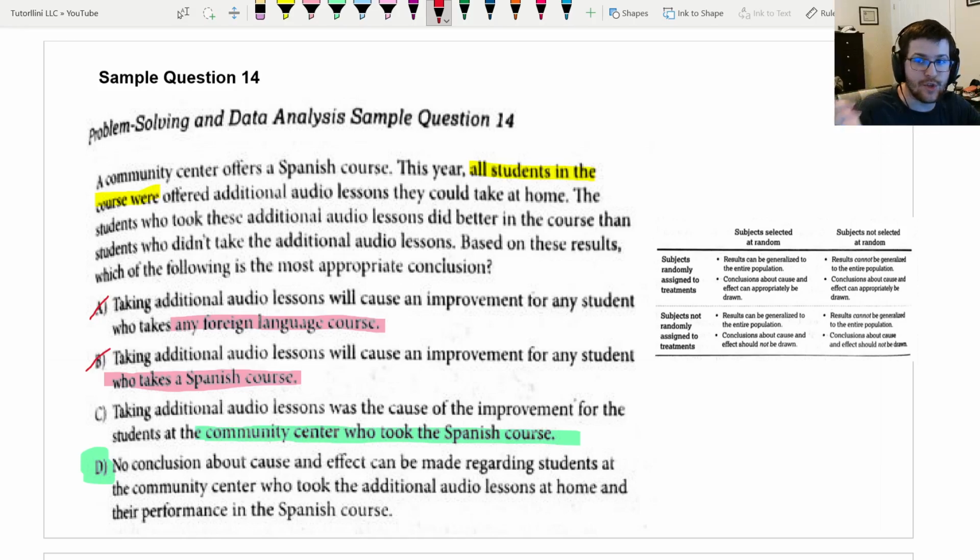See how the students aren't choosing to take the lessons. That introduces bias or could skew the results. So you have to randomly assign them. It's like, no, you don't have a choice. You're doing the additional audio lessons, and you 25 kids, you're not doing the additional audio lessons. So that would have been a better way to go about doing it.